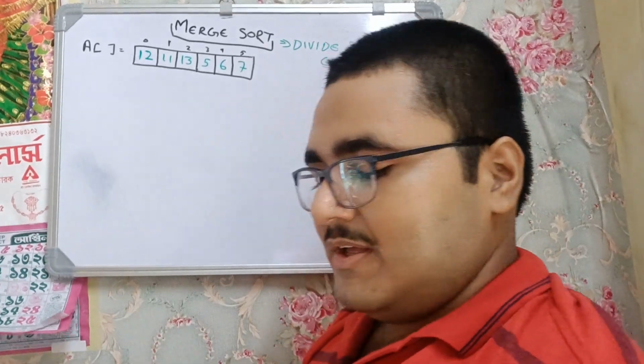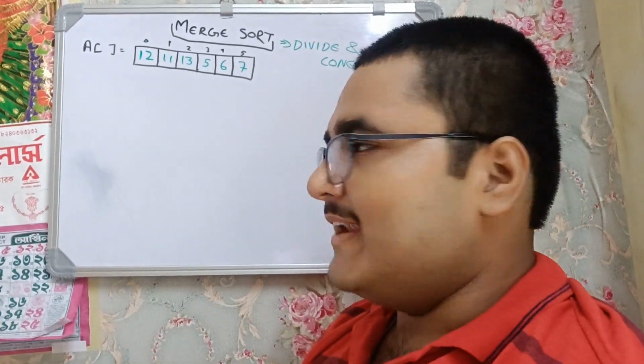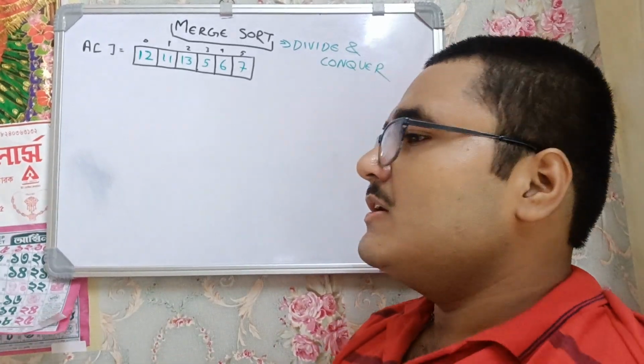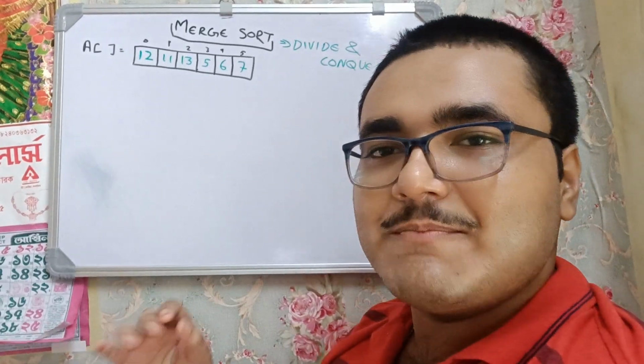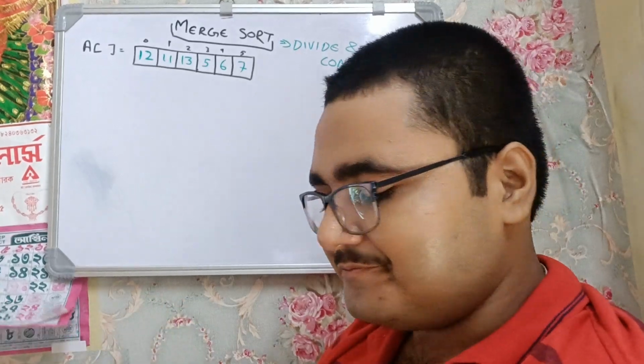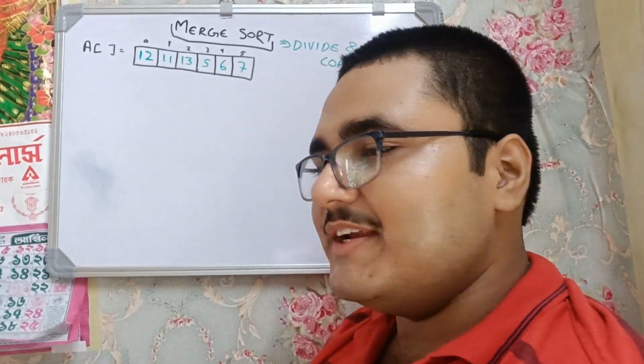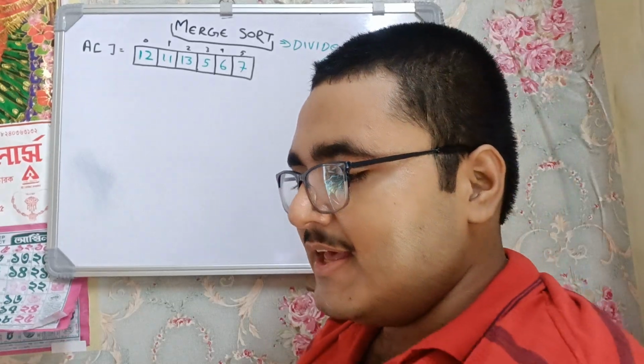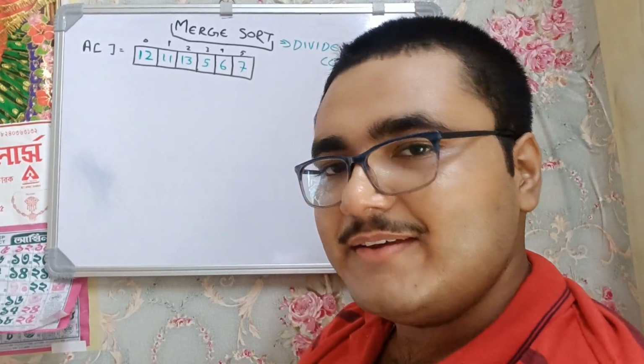Now in order to divide the array, from where do you think we should divide it? First we should divide the array from some midpoint, and we already know, if you have watched my lectures on the binary search technique, how to find the mid of the array.